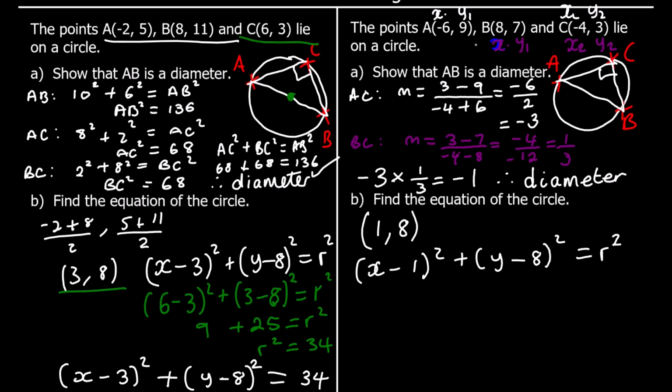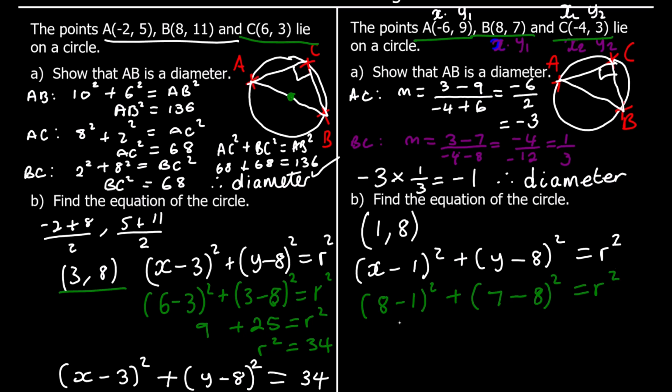And then we can substitute any of the points that lie on the circle, so A, B, or C, to find R. I'll use B. So I've got 8 minus 1 squared plus 7 minus 8 squared equals R squared.